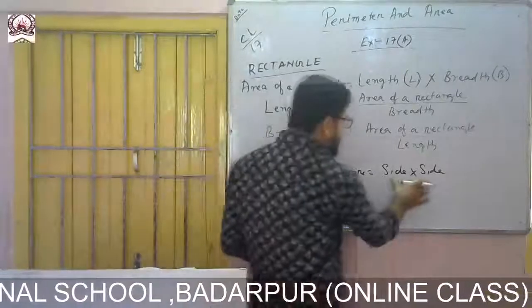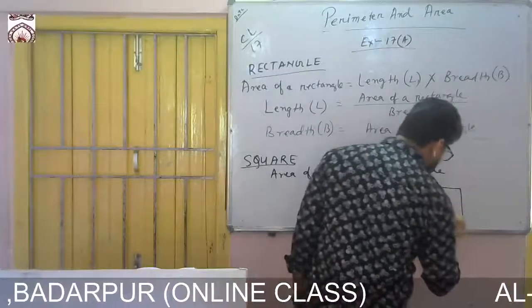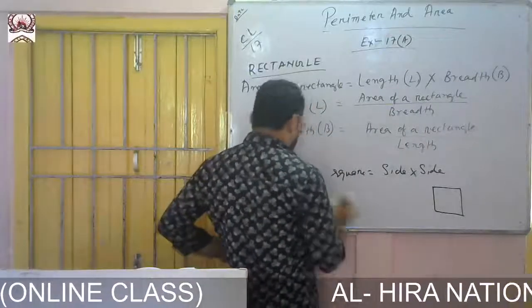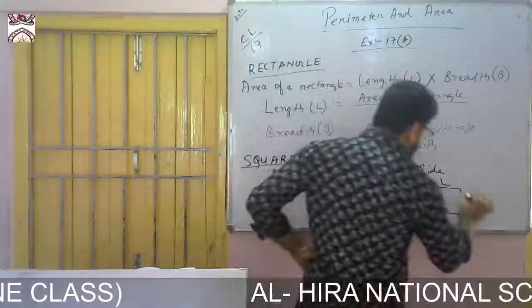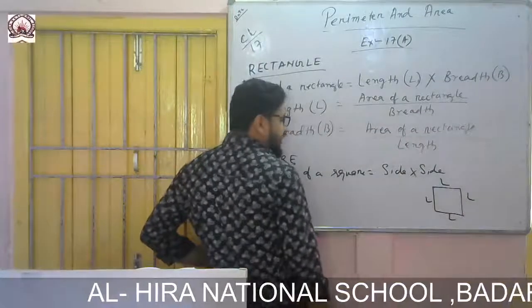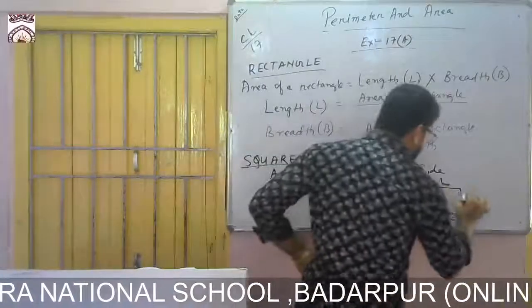So how did this side into side come? Suppose this is a square. How do we find the area? This is length, and all are the same. In case of area, we write one length and one breadth.